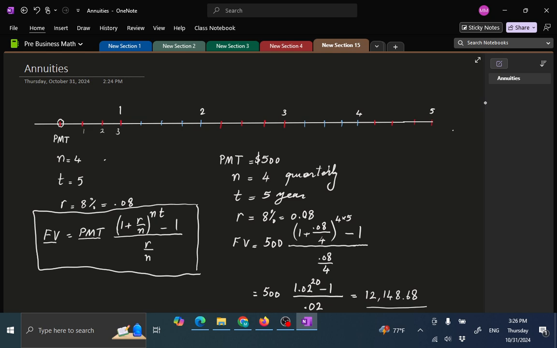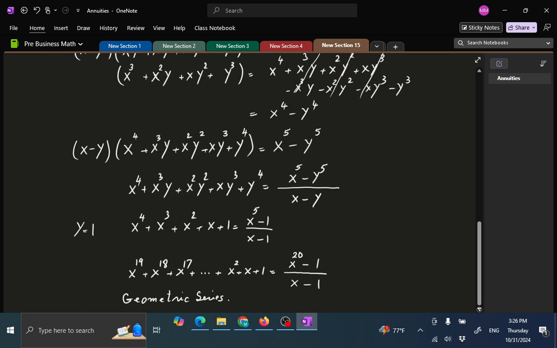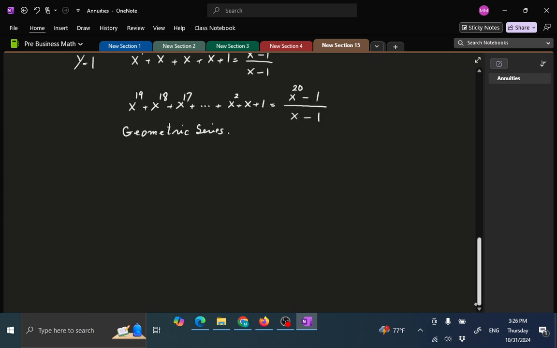The payment that is going to be paid on the end of the second month is going to go through 18 compoundings to the end. The third one is going to go through 17, and the fourth one 16, and so on. And the very last one, well, there's no compounding at this very last one. The situation turns out to be just like this: x to the power of 19, x to the power of 18, and so on, until the very last one, which is 1.